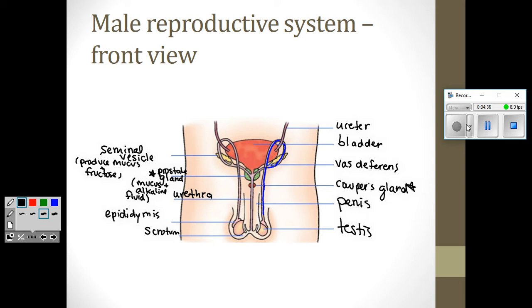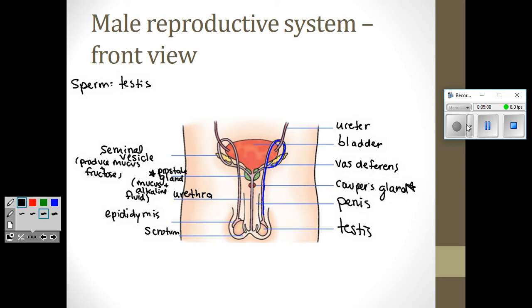One of the things that would be reasonable to ask you would be, what is the path that sperm follow from their site of production until they leave the male reproductive system? So we're just going to trace the path of sperm. Sperm start in the testes.